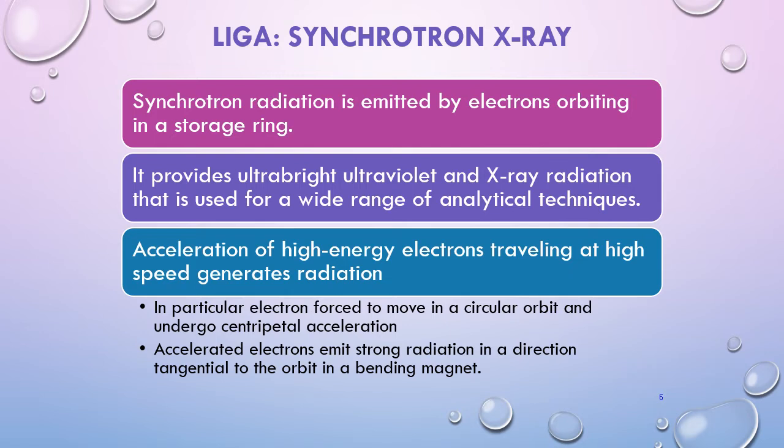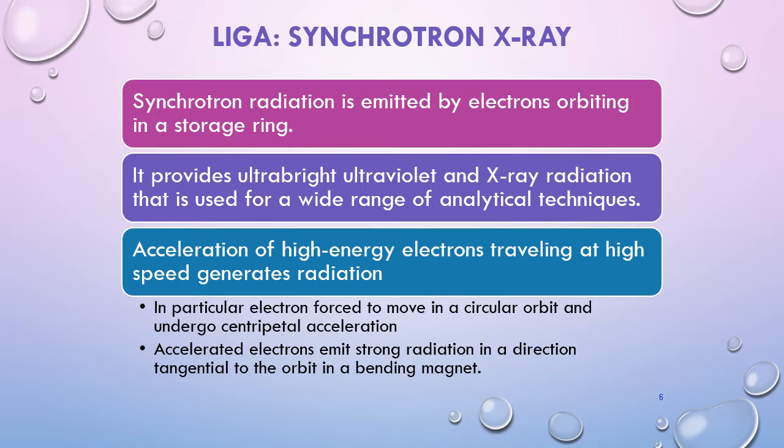It provides ultraviolet and X-ray radiation, which is used for a wide range of analytical techniques. Acceleration of high energy electrons traveling at high speed generates radiation. This is a repetition from the previous one. The method of the synchrotron X-ray is the same as what we saw in the lithography previously.